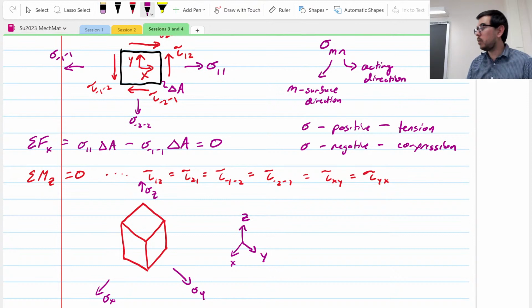And I'm just trying to pick a coordinate system where it's following the right-hand rule, right? So x cross y is going to be equal to z.